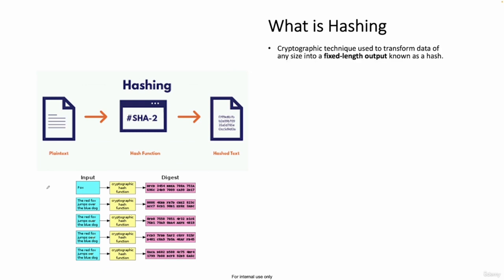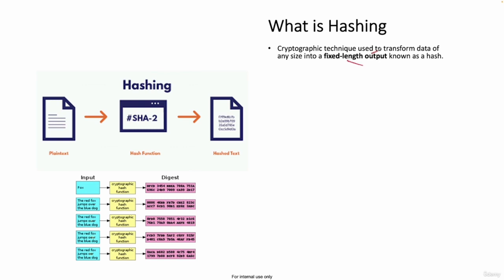What is hashing? Right. So hashing is a cryptographic technique which is used to transform data of any size into a fixed length output, which we call the hash, right? So it is a fixed length output.